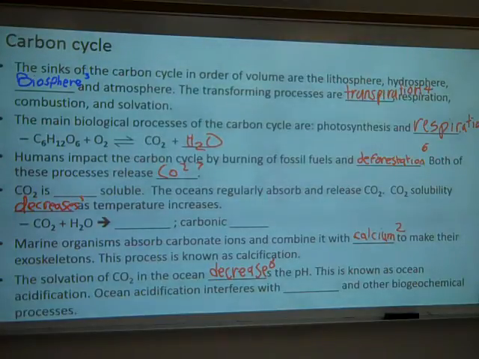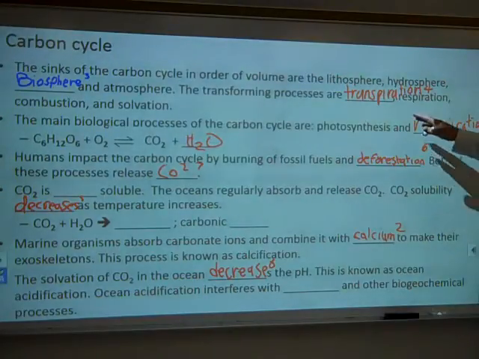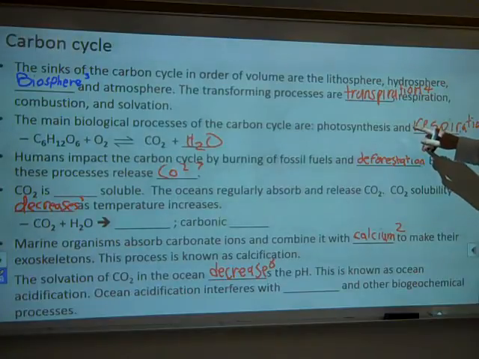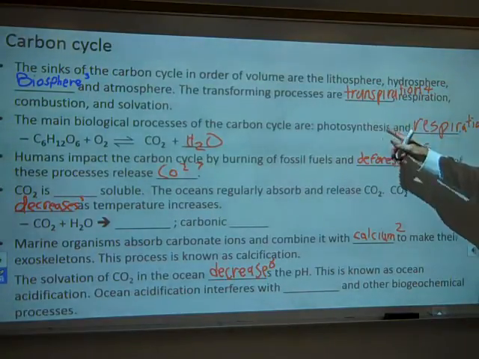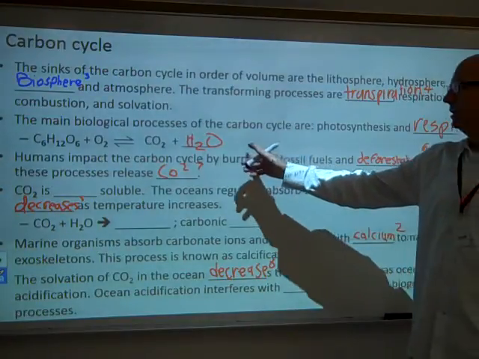In this case, the biosphere does play a big part in the carbon cycle, since all things are made from carbon, so that's crucial there as well. So we see that biological molecules are put together by plants who carry out photosynthesis.